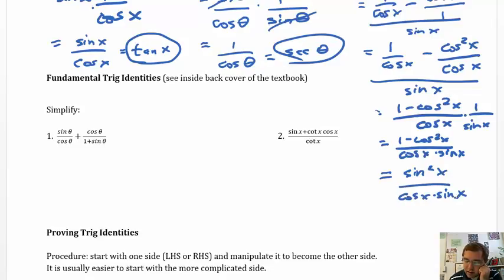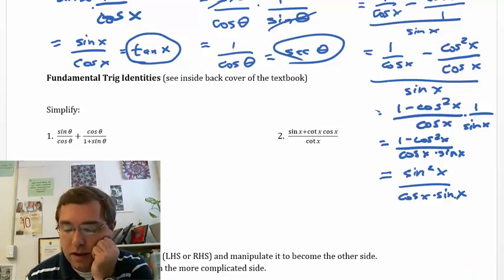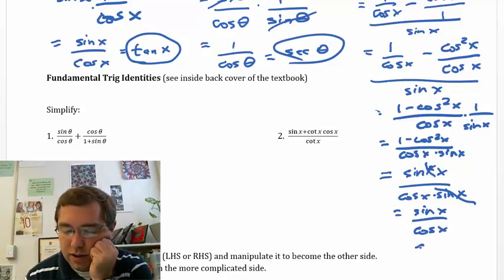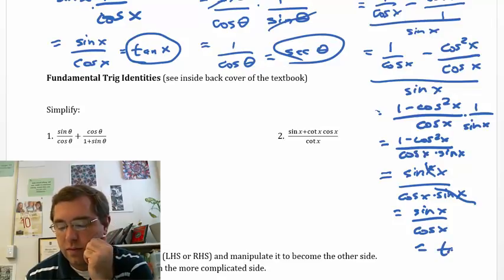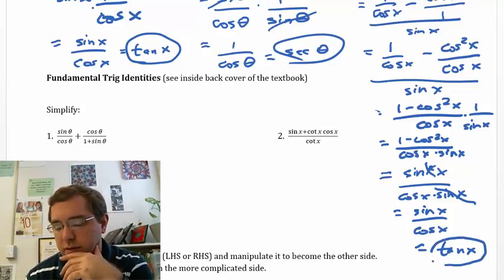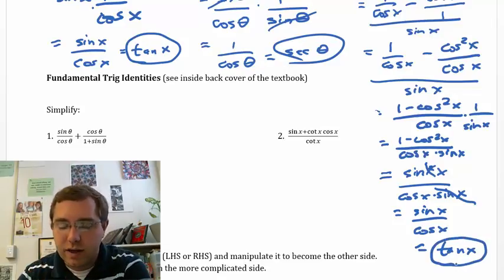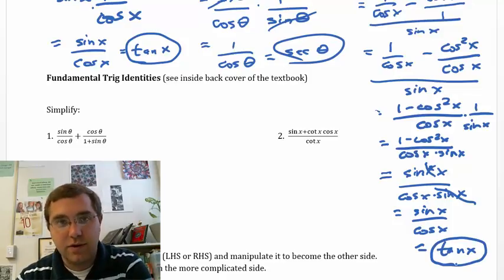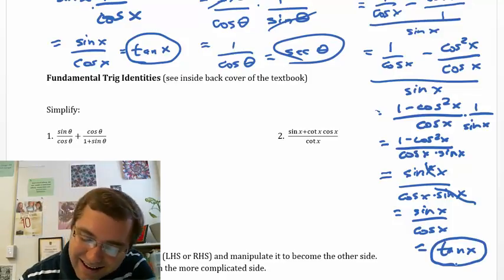Now I have a sine of x that's on the top and on the bottom. So I can cancel the one on the bottom with one of the ones that's on the top, leaving me with just sine of x over cosine of x, which is, of course, the tangent of x. That whole thing just becomes the tangent of x. Pretty cool, right?